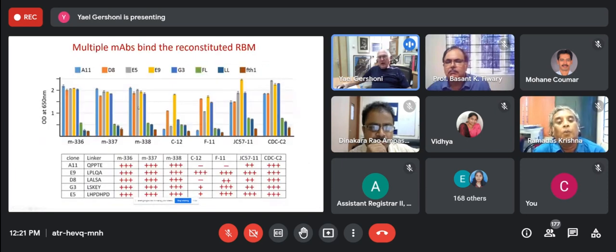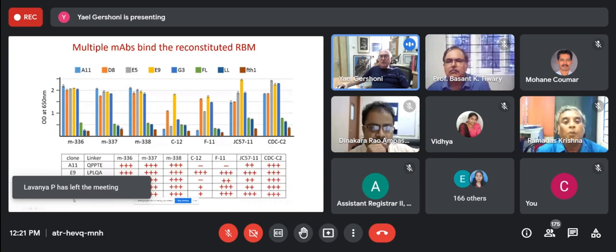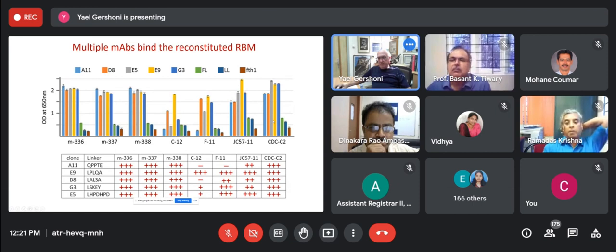And so, as you can see in this slide, and this is a summary slide, showing 5 different clones. And here are the linkers of those clones. And you can see that they bind the monoclonal antibodies quite well. You can see it here in the histogram. And you can see a general simplistic summary.